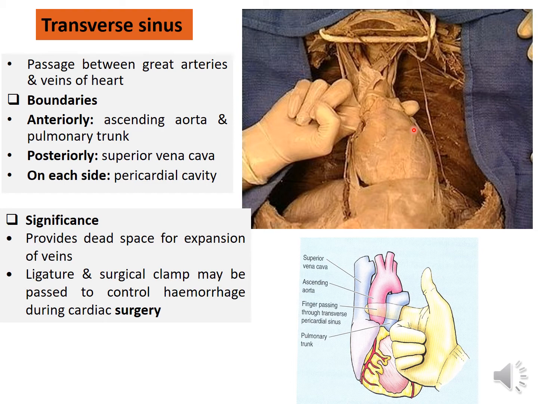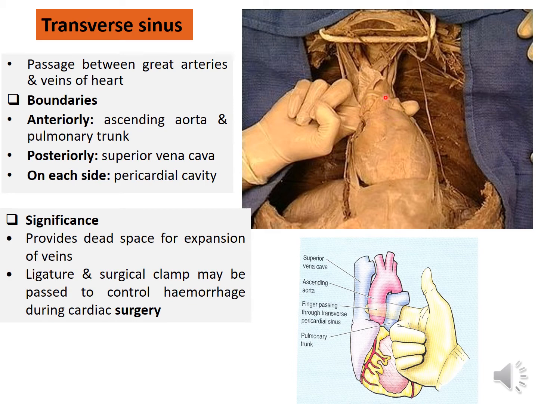Why do you need to know the position and boundaries of this particular sinus? Here I will explain. Functionally, this space is important to allow the expansion of the veins, particularly the superior vena cava. And clinically, this sinus is used to pass a ligature or a surgical clamp to hold or stop the blood flow through these great vessels, particularly the pulmonary trunk and ascending aorta.